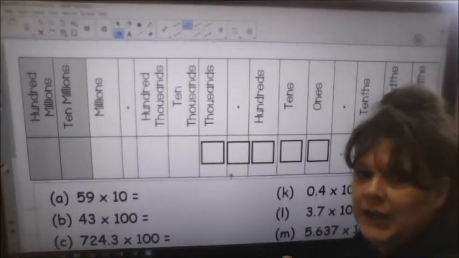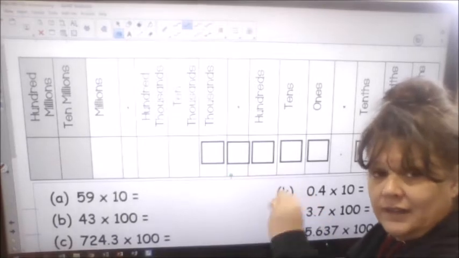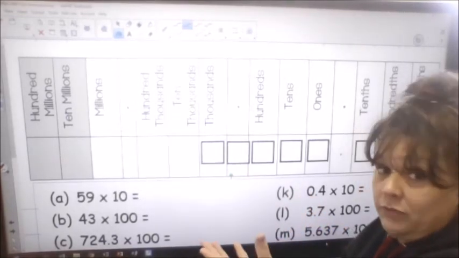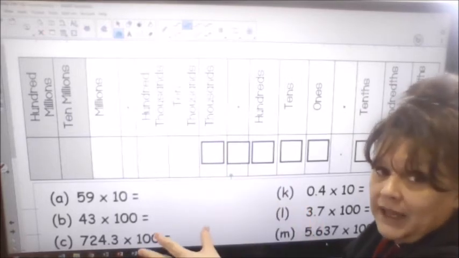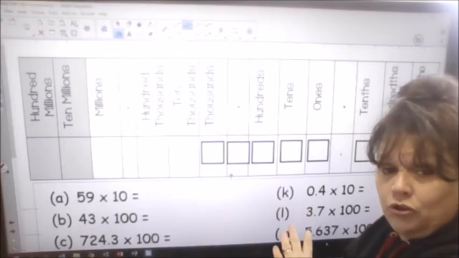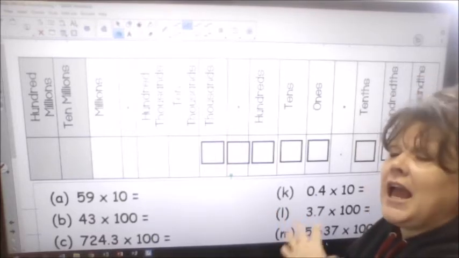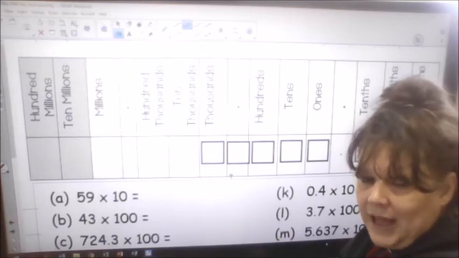A decimal point never ever moves, but the digits can move either side, and they can move any number of places. If we're multiplying by 10, they move one place to the left. If we're multiplying by 100, they move two places to the left. If we're multiplying by 1,000, three places to the left.